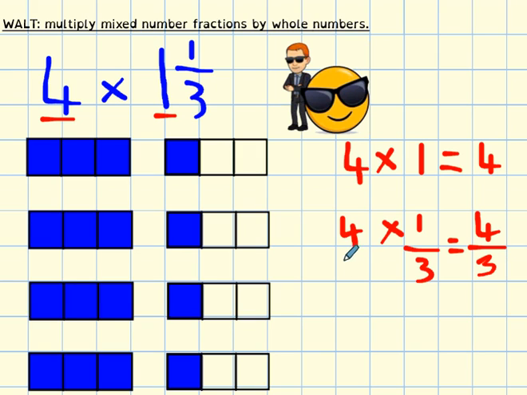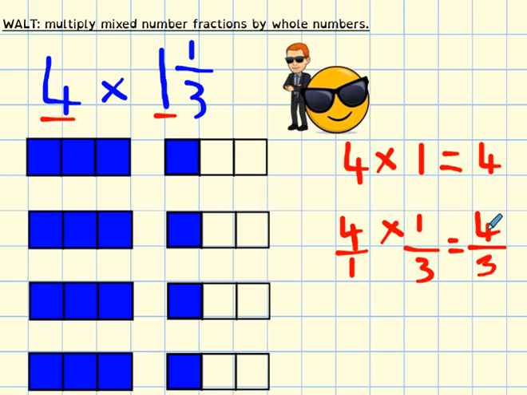Remember, we said if we put the whole number over a denominator of 1 and then multiply the numerators and multiply the denominators, it will give us our answer. In this case, it's 4/3. The next step, if this is an improper fraction, where the numerator is greater than the denominator, I need to convert it into a mixed number fraction.